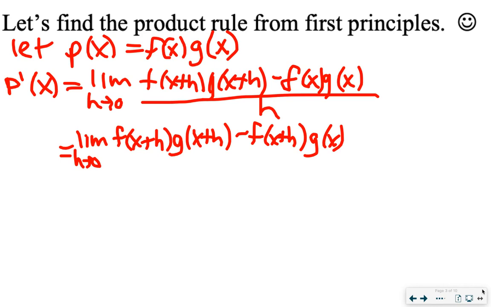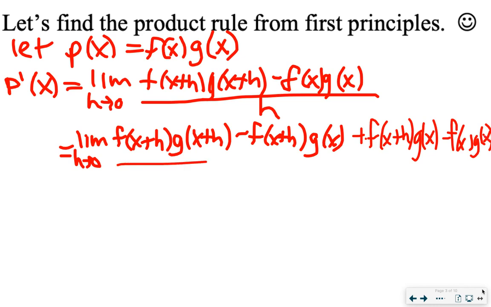If I subtract it, I then also have to add it, so I haven't actually changed anything there. And then I've still got my minus f of x, g of x, all over h.